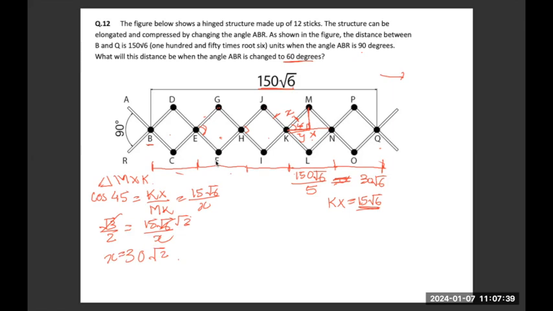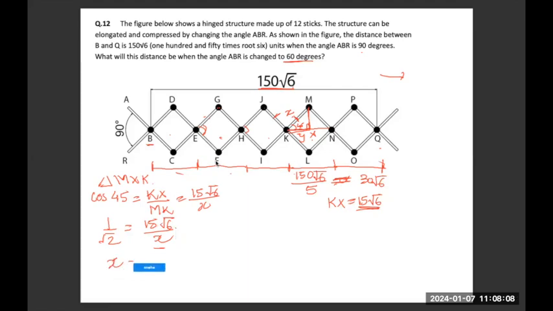One second, let me check. Sorry. Cos 45 is 1 by root 2. I'm sorry.